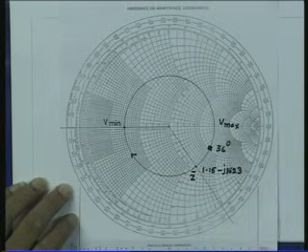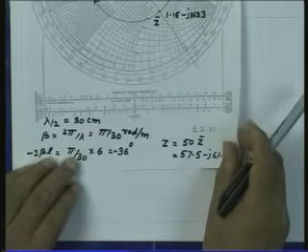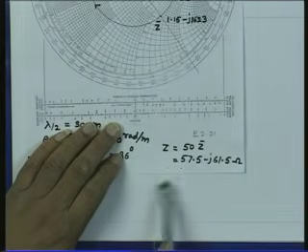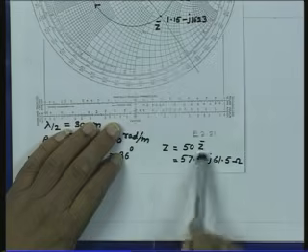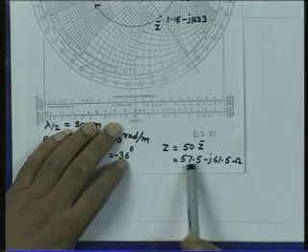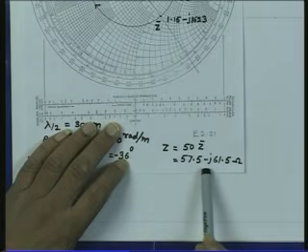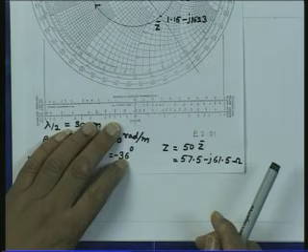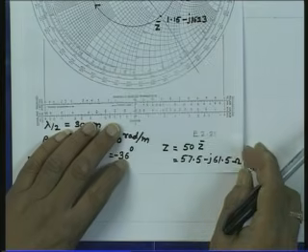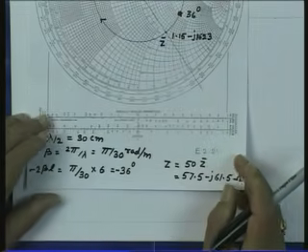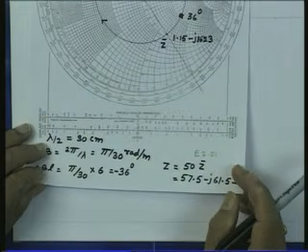The absolute impedance, if I multiply this by the characteristic impedance of the line, which is 50 ohms, is 57.5 minus j 61.5 ohms. So, the unknown impedance can be measured very easily without doing much complex calculation by using the Smith chart.